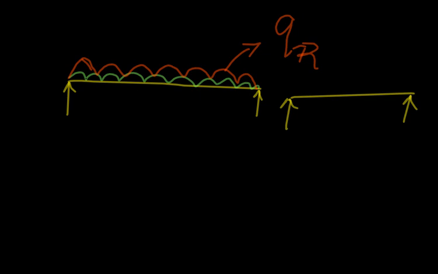Actual rate of loading is indicated by this green. Okay, well and good. If this is the actual rate of loading, then the deflection of the beam would be something like this.